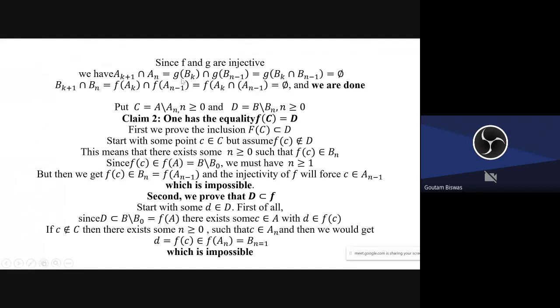That can be written, by the rule of the set, as Bk intersection Bn minus 1, which is phi. It is the empty set. There is no intersection of these two sets.